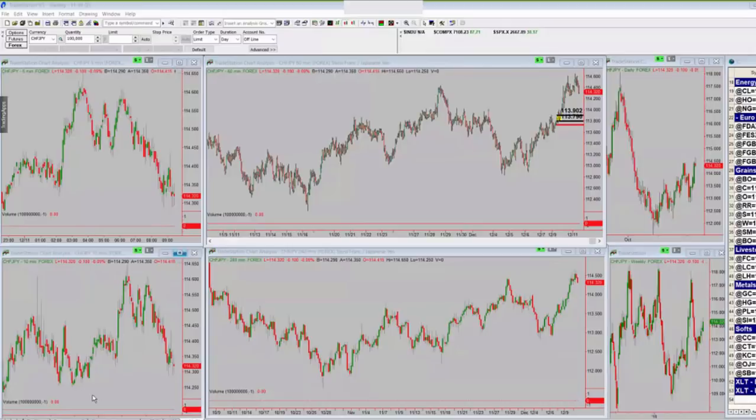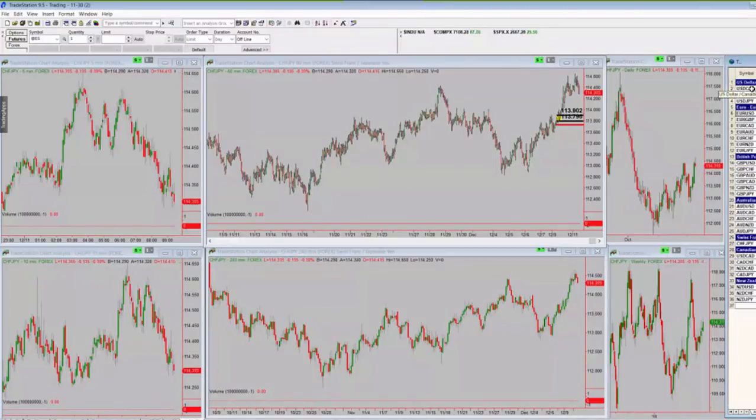So let's go back. Let's go to these markets here. Hang on. Yep, we can look at the euro, no problem.